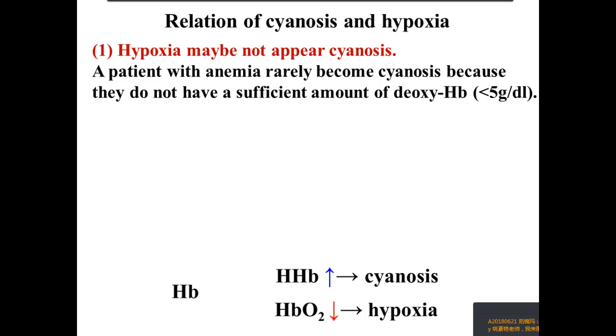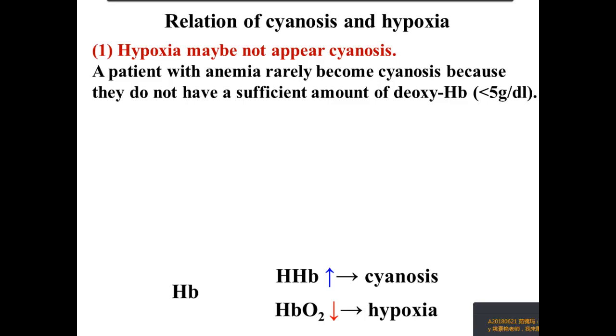What can lead to hypoxia but no cyanosis? Anemia. During anemia, there is hypoxia but no cyanosis.